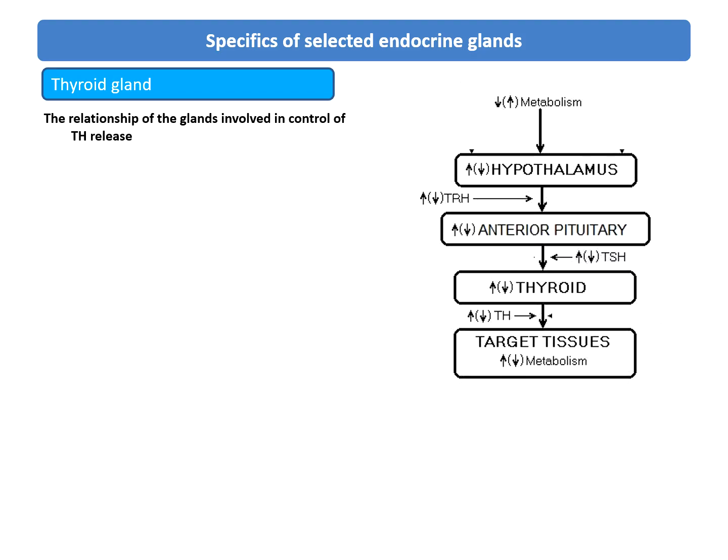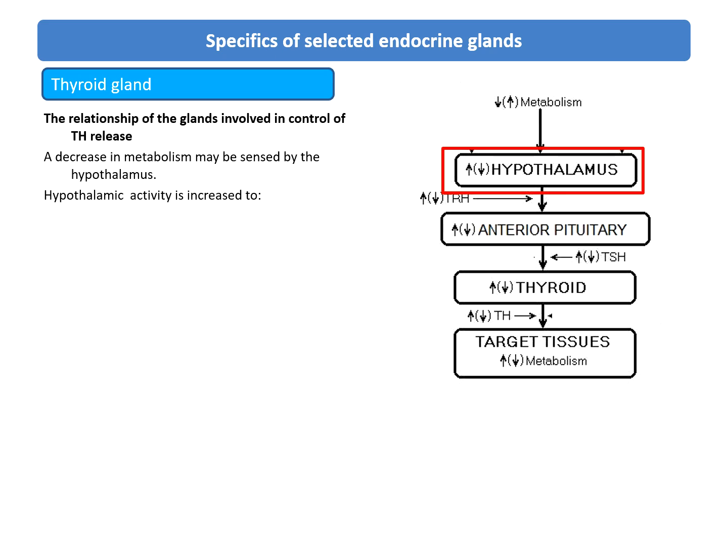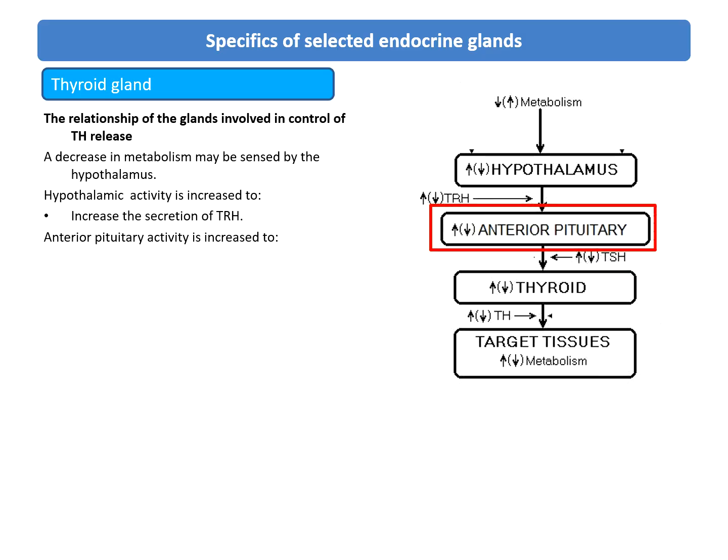What about the relationship of the glands involved in control? Well, this gets a bit complex. A decrease in metabolism may be sensed by the hypothalamus to increase hypothalamic activity. The increase in hypothalamic activity increases the secretion of TRH.